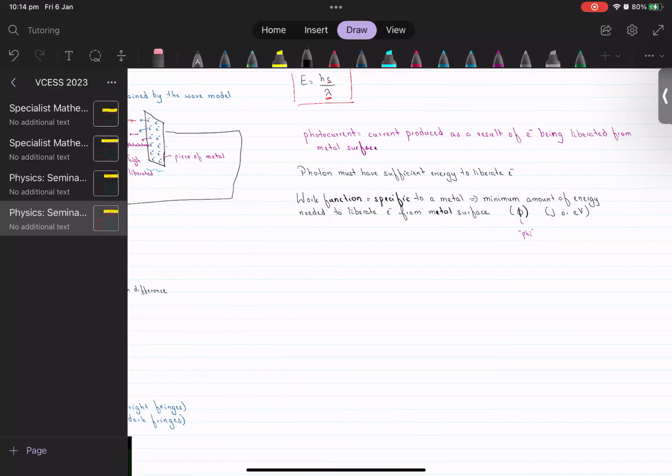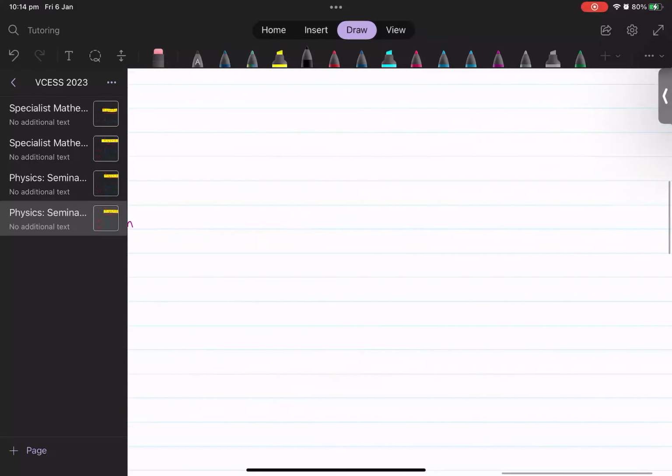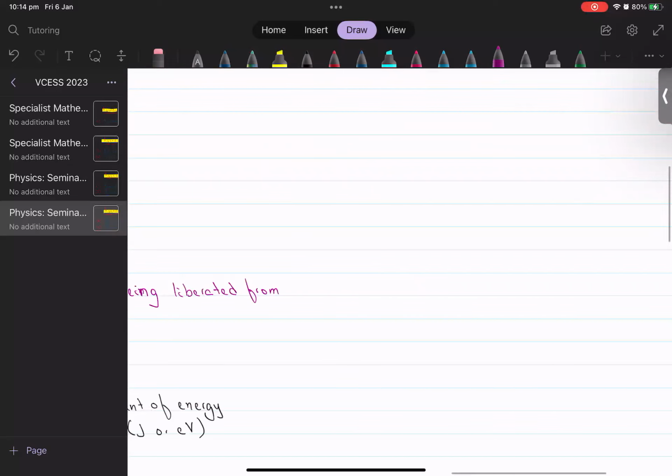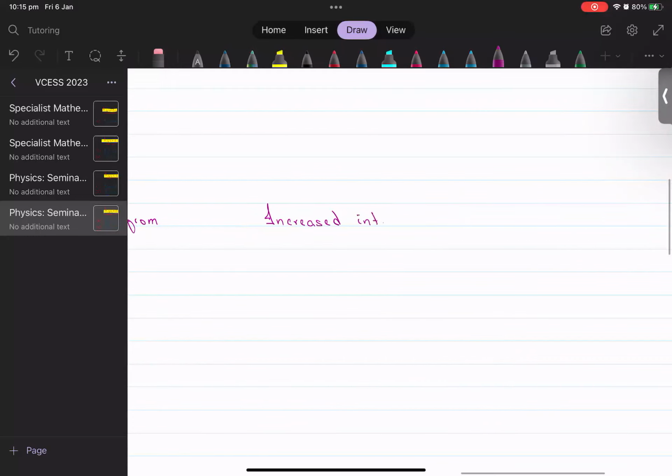If we increase the intensity of the light source, it means that more photoelectrons, PEs, are emitted.